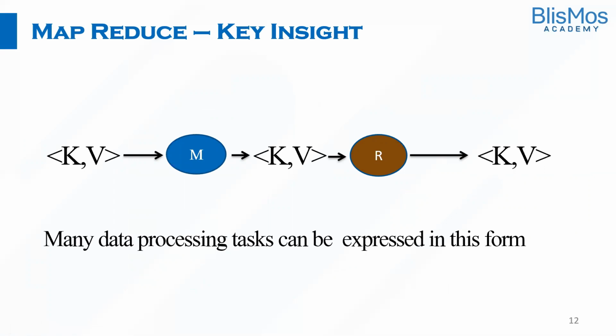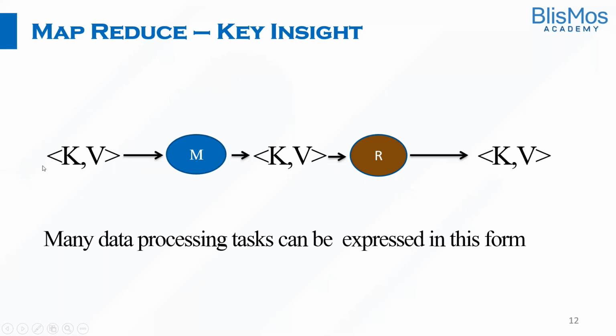Essentially, many data processing tasks, say Amazon data that wants to be filtered, or patterns to be derived from Bank of America data, can be expressed in this form. What is the form?